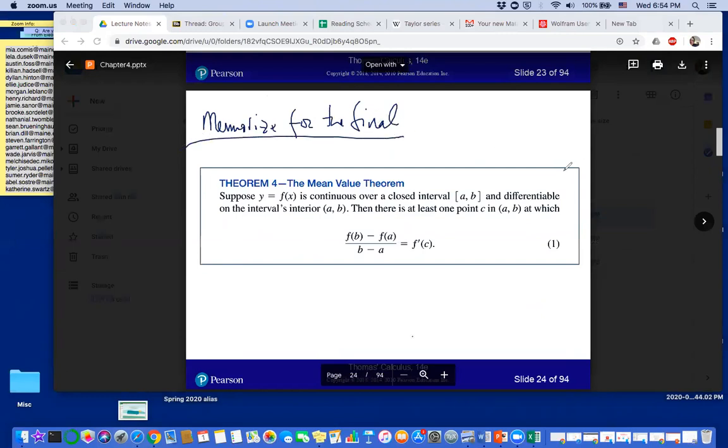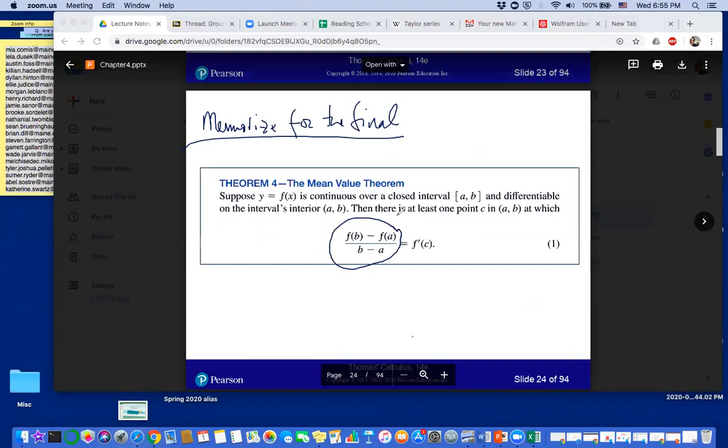Okay, so look, it has almost the same assumptions. F of x is continuous over the closed interval AB and differentiable on the interior open interval from A to B. The only thing that's missing from the assumptions is that nobody's asking for F of A to equal F of B, right? And the conclusion is also different. It's not saying that the derivative is equal to zero somewhere, but it says that the derivative is equal to, what would you call this object?